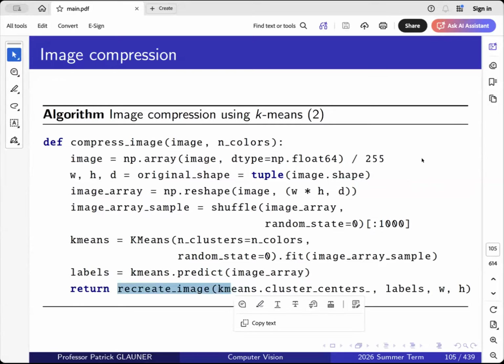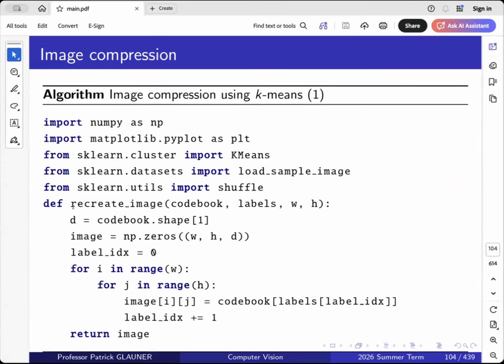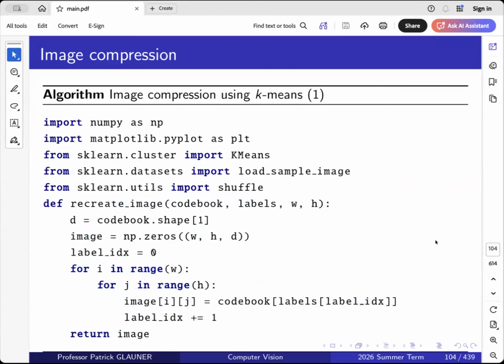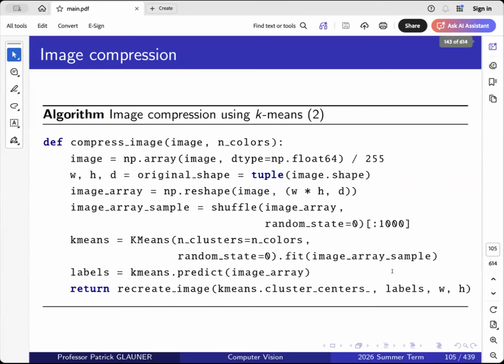Recreate image just undoes this and applies the right centroid to each pixel. It really doesn't matter what it does exactly. It's just crunching the data into the right format, but feel free to run it in a debugger in case you're curious, and then we visualize it.